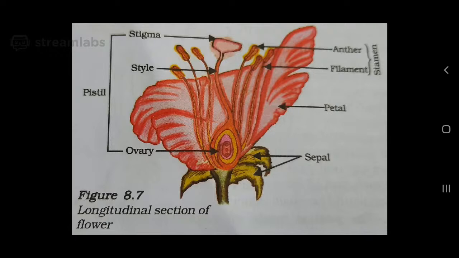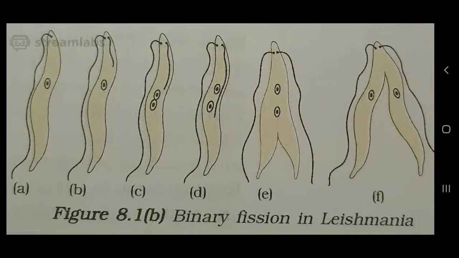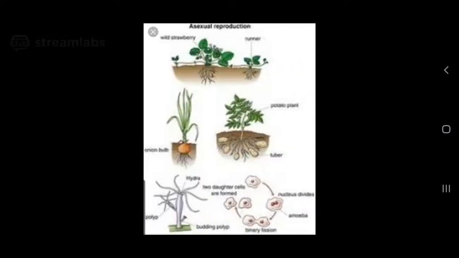This is a part which takes part in sexual reproduction. These are the different types where asexual reproduction takes place.